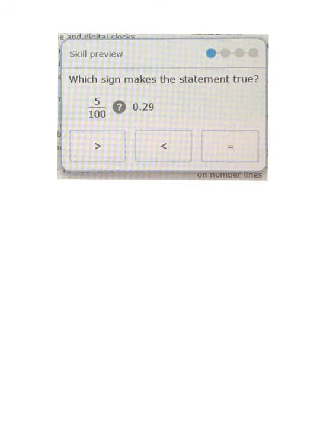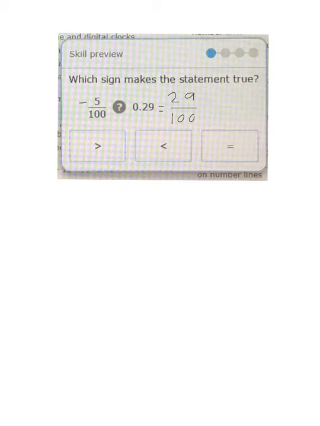In this example, they're asking us which sign makes the statement true. So 5 hundredths or 0 and 29 hundredths. Again, noticing that language, hopefully you're aware that 0.29 or 0 and 29 hundredths is the same as saying 29 hundredths, which makes it easier to compare.